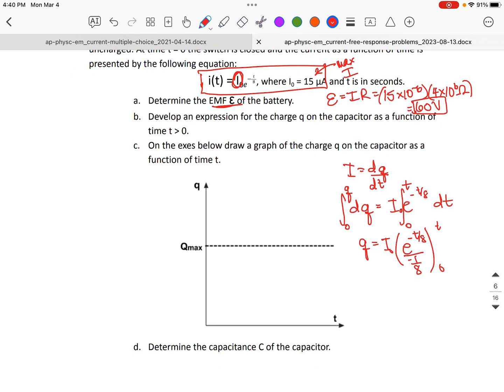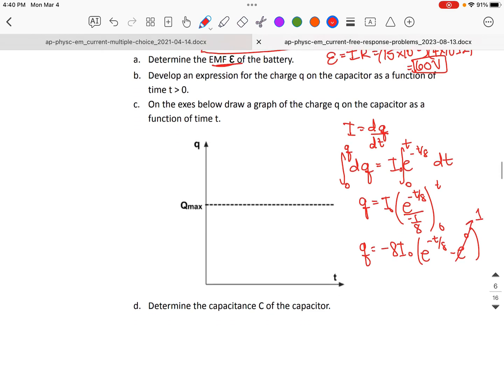So this should be I naught. Let's simplify this out. I'm going to multiply by the reciprocal in the denominator. Q is equal to negative 8 I naught times e to the negative t over 8 minus e to the 0, because negative 0 over 8 obviously cancels out. This equals 1.